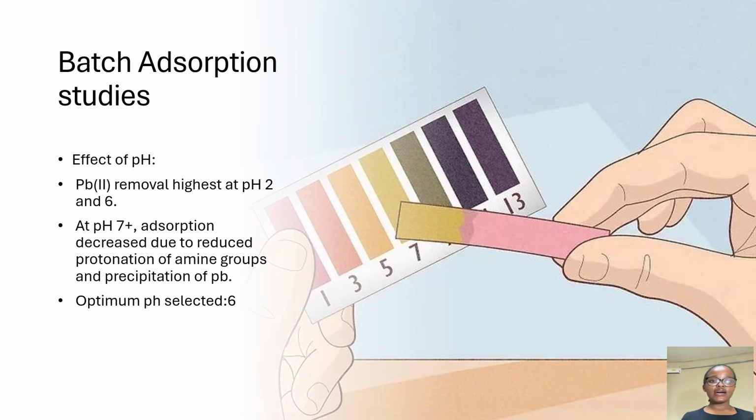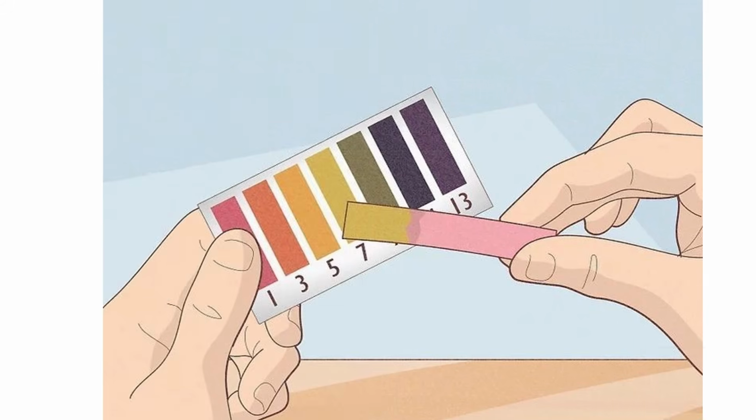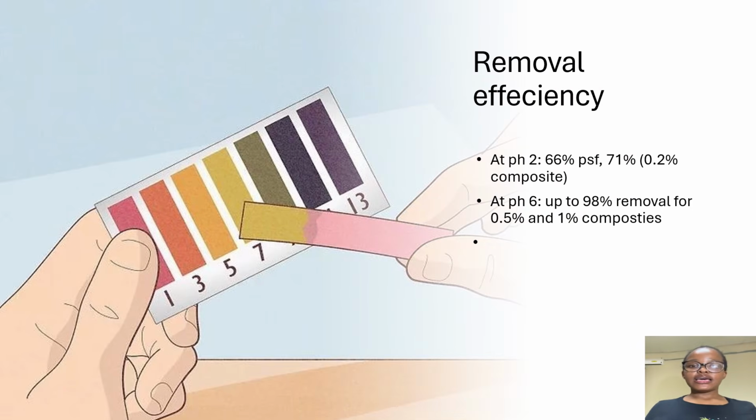First, in the batch adsorption studies, we found that lead-2 adsorption was highest at pH 6, with optimum pH selected as 6. Above pH 7, adsorption decreased because of reduced protonation and precipitation of lead. In terms of efficiency, at pH 2, removal was around 66% for pristine material and slightly higher for composite.